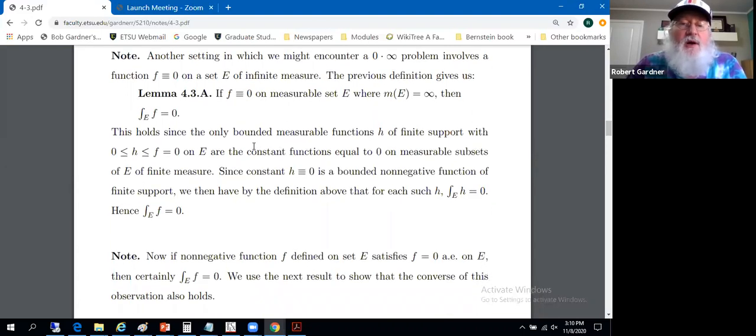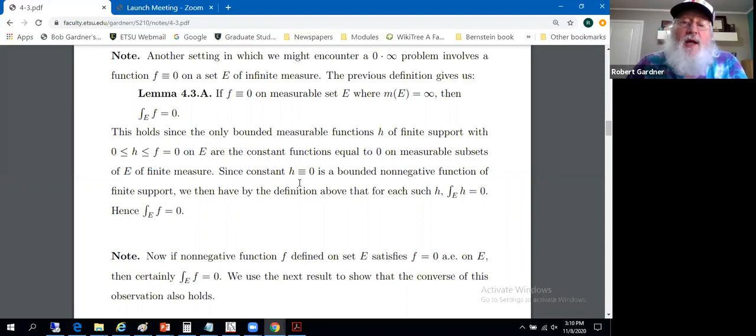Here's an argument of that, also put together in terms of dealing with functions of finite support. The only kind of finite support function we'd have that's less than or equal to f is a bounded function h less than or equal to f. The only such functions are h equals 0 themselves.